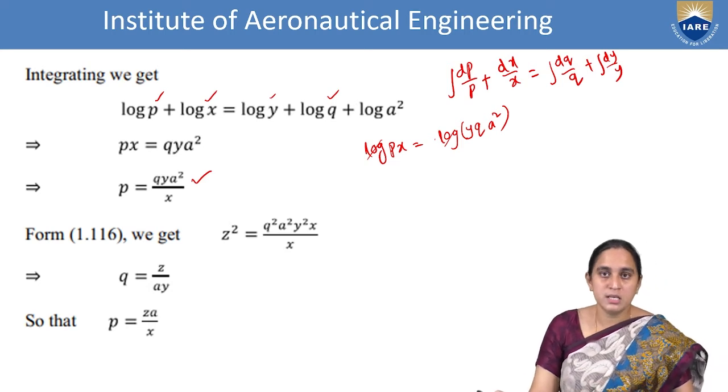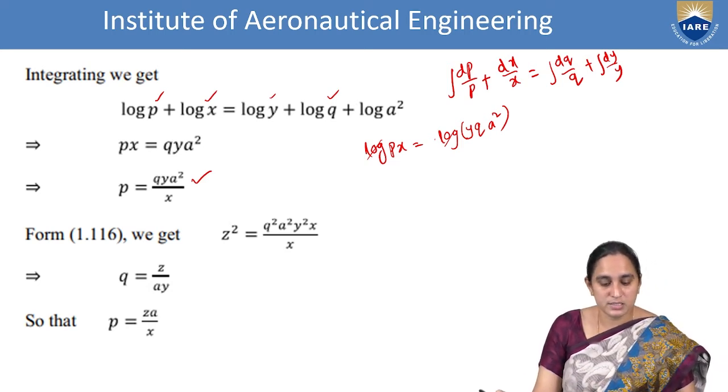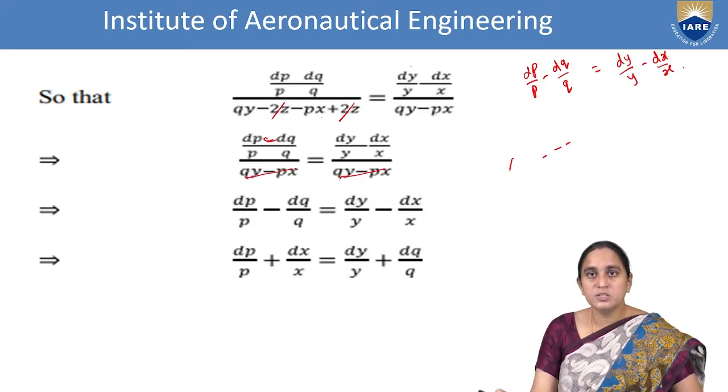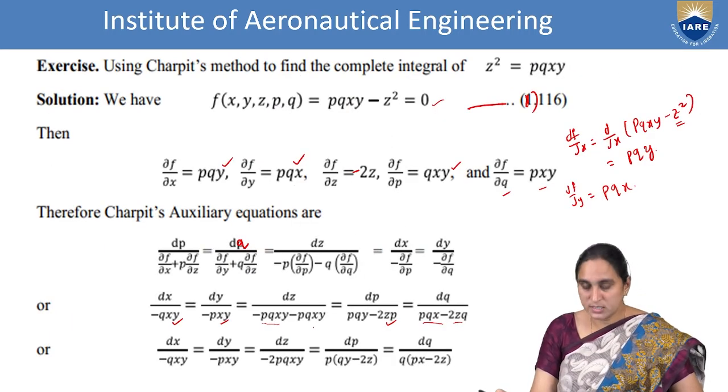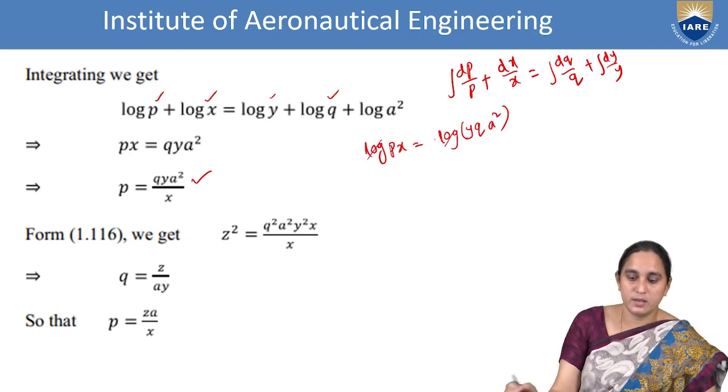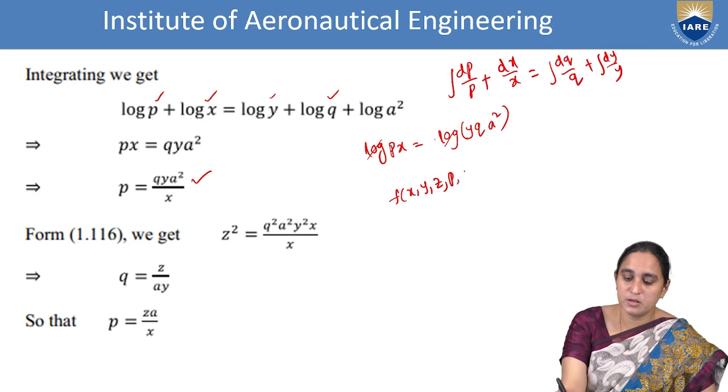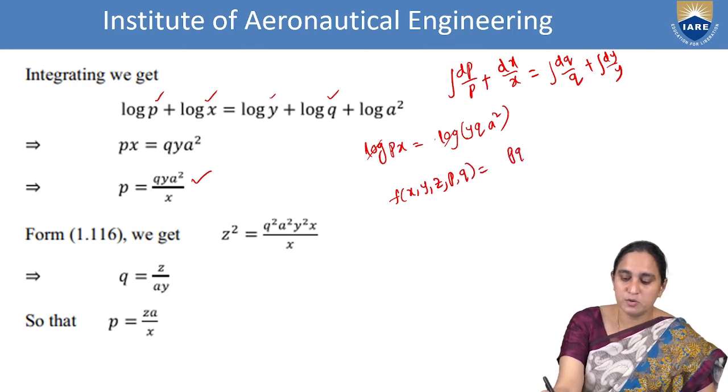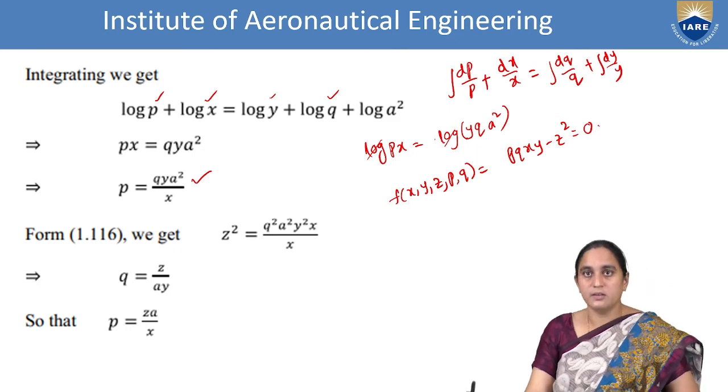Okay, from the auxiliary equation, we got the p value. Now we can substitute that p value in the given question. What is the given question here? That is f of x, y, z, p, q equal to pqxy minus z square is equal to 0.